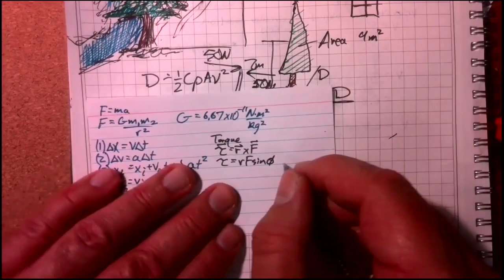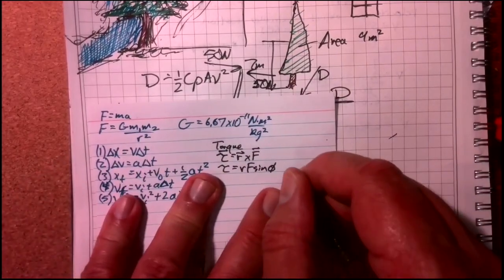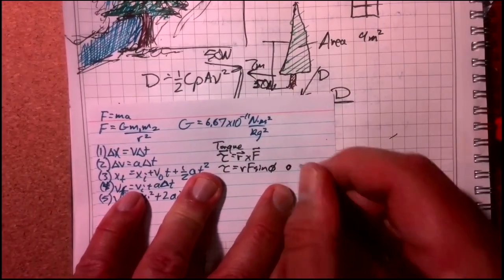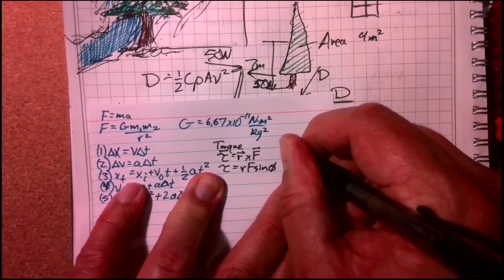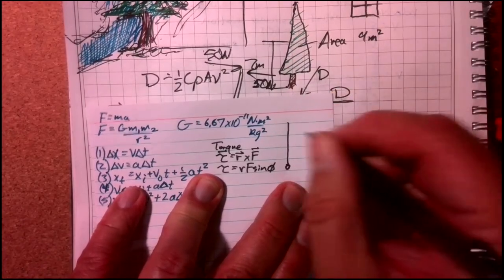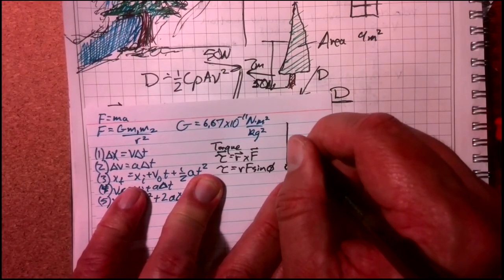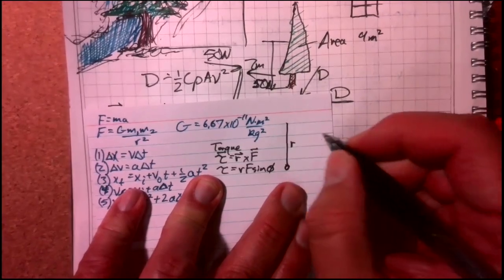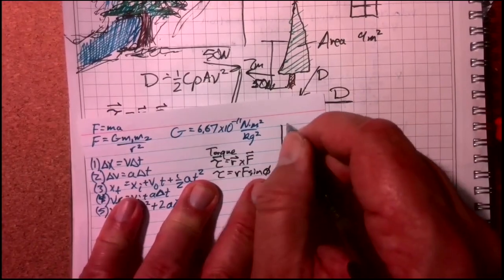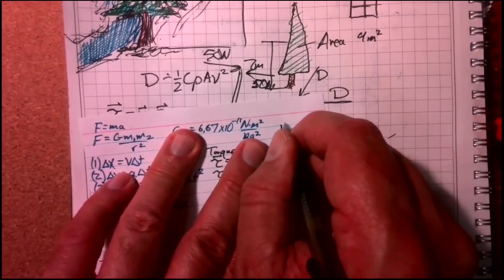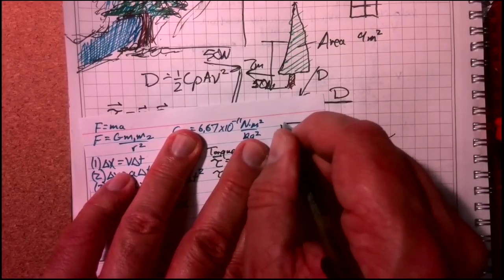Oh, you know what? I feel like I'm gonna make a little diagram here. Here's my rotational point. I'm gonna draw a little arm here, and this is r. And then the angle between my force and r.